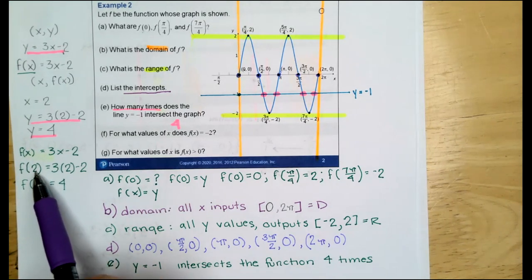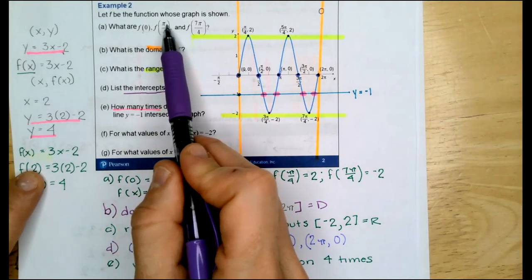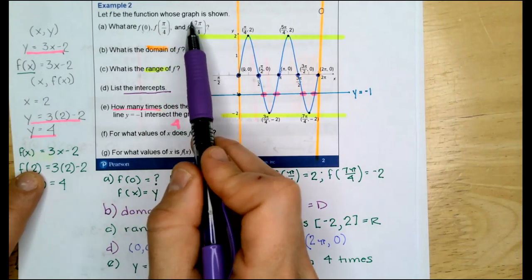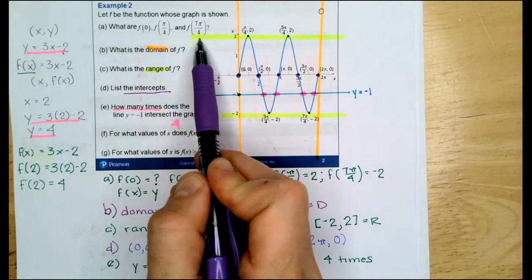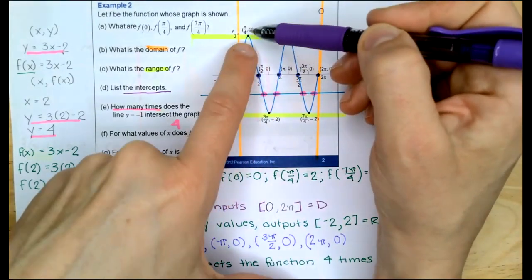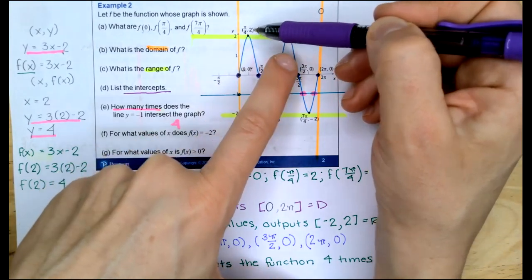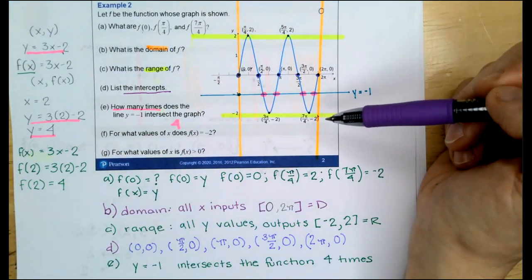So we put the number next to the f. So f of 0, 0 is the input. f of pi over 4, pi over 4 is the input. f of 7 pi over 4, 7 pi over 4 is the input, right? And then we find the output. So the input of 0, output of 0. Input of pi over 4, output of 2. Input of 7 pi over 4, output of negative 2, right?